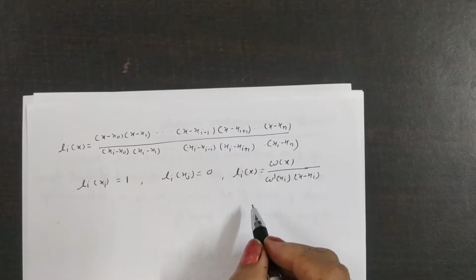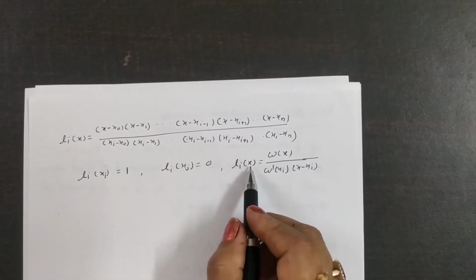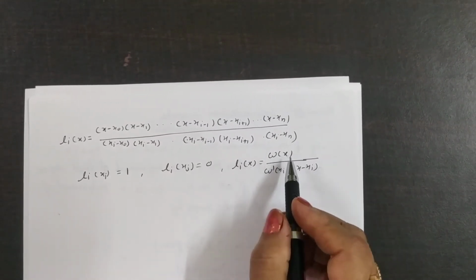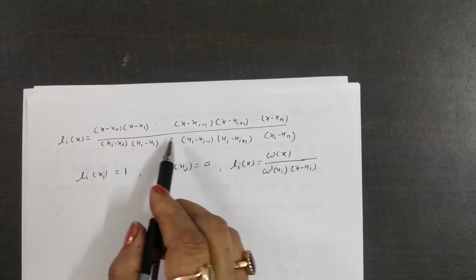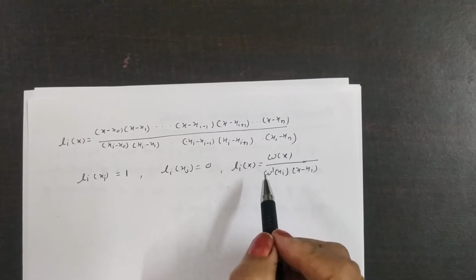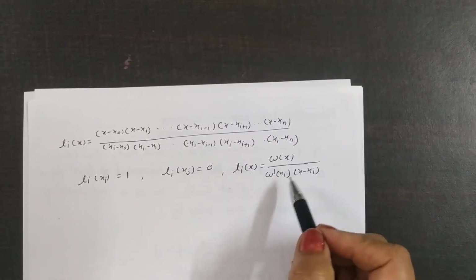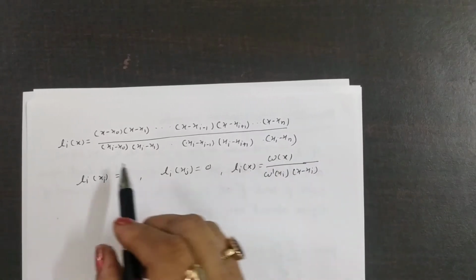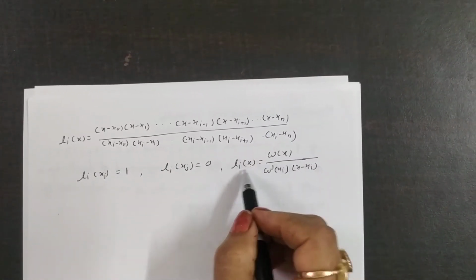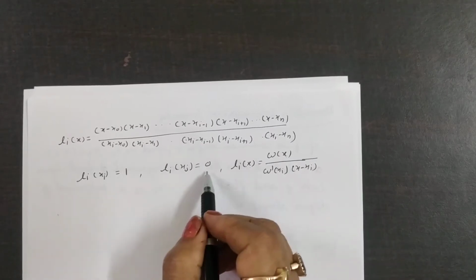If you prove this one, then at a point xj, because this is the polynomial of x minus x0, all the points lie in this interpolation interval. So Li(xj) is equal to 0.